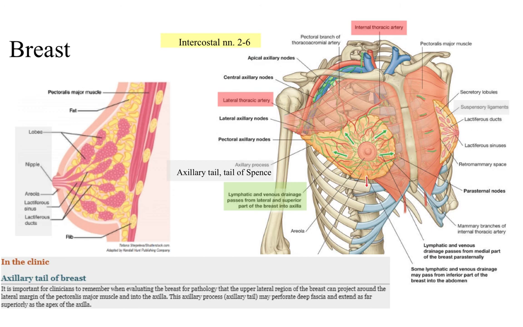Notice that the breast sits on the most superficial part of the thoracic wall, just underneath the skin, on top of your pectoralis major muscle. It's not under any specific muscles.